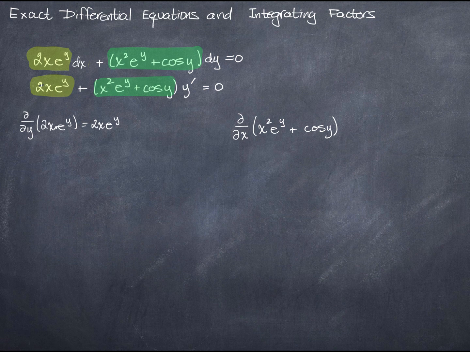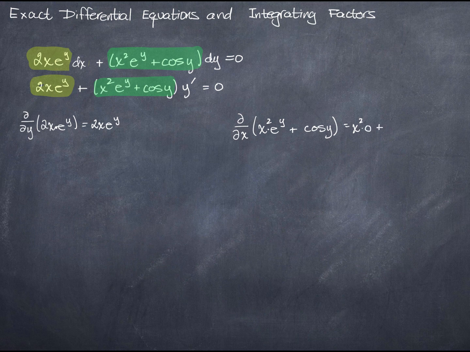On the other side, we're going to take the derivative of this function with respect to x. And again, here we have a product, so I'm going to have the first times the derivative of the second. Well, the second function is e to the y. That's a constant, because e is a constant and y is a constant, and e raised to a constant is a constant. So that's the derivative of a constant, which is 0. So that's my first times the derivative of the second.